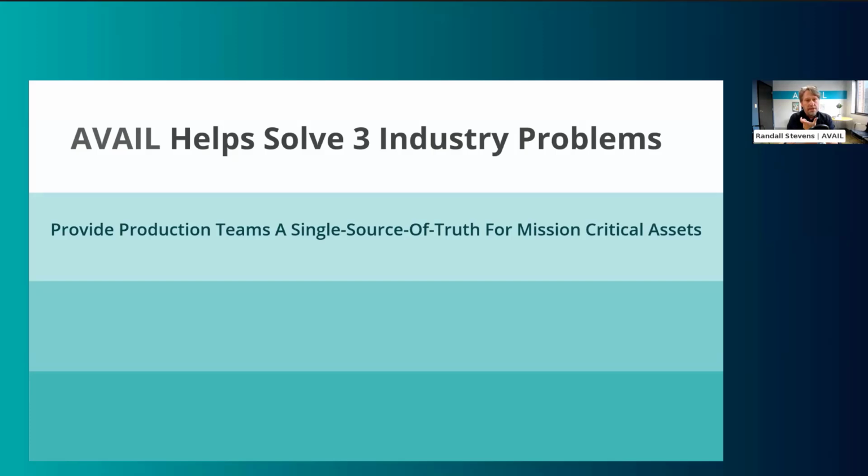So when you look at what we're doing with AVAIL, we usually refer to it as a content management platform. You could refer to Egnyte as a content management platform. So there's lots of different variety.